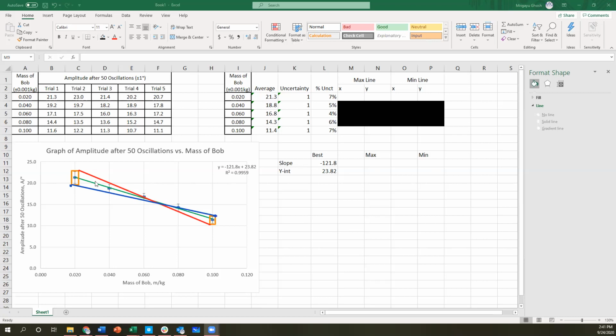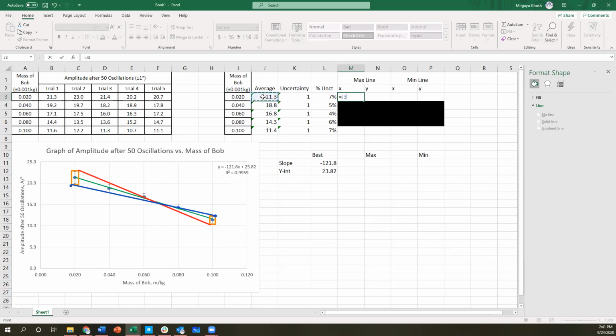All right, so based on this, for the max line, think the red line. For the first point, x is whatever the x value is plus the uncertainty, right? If you get confused, just let me know, because this is where it gets a little bit tricky.